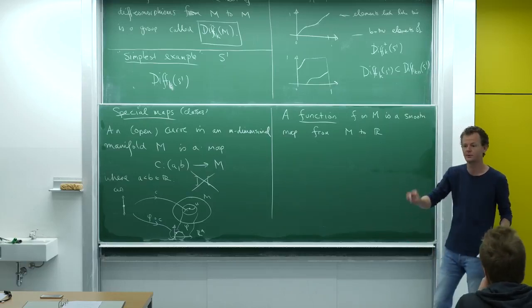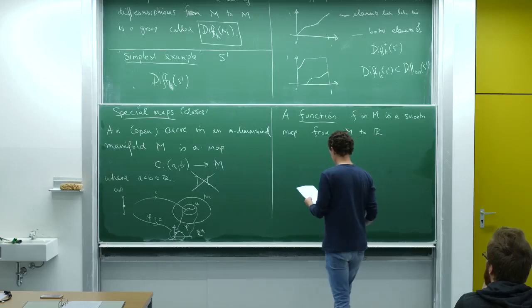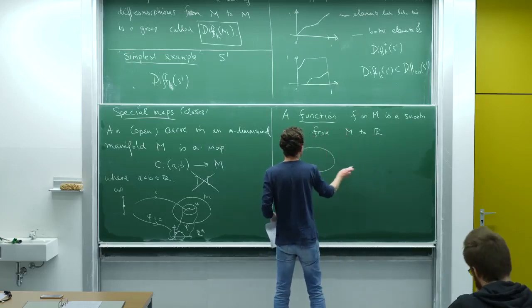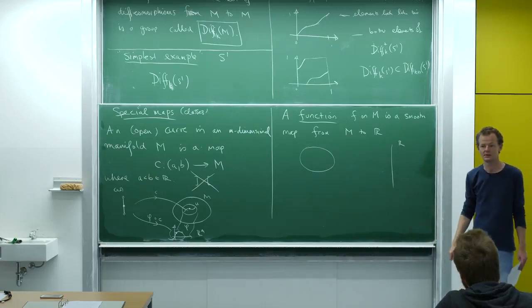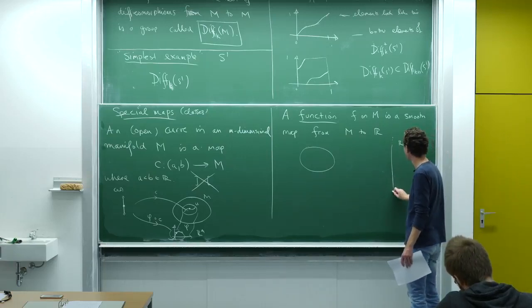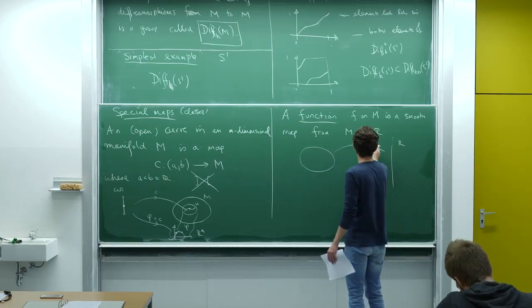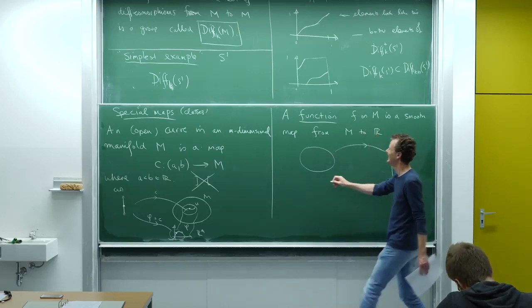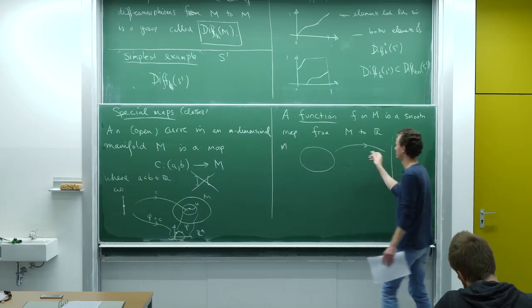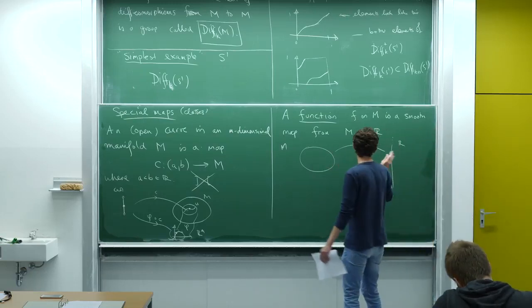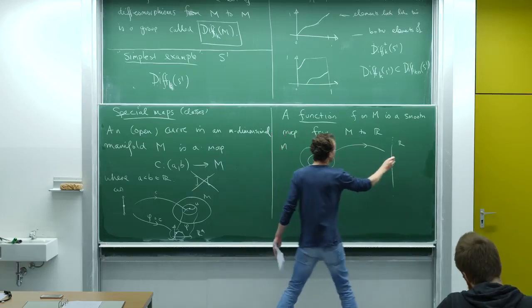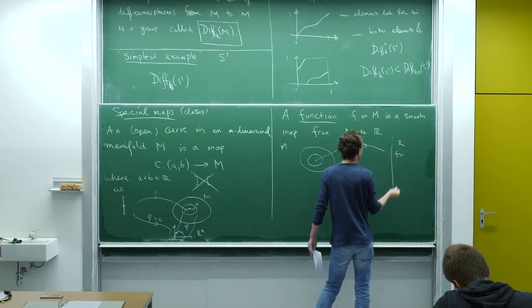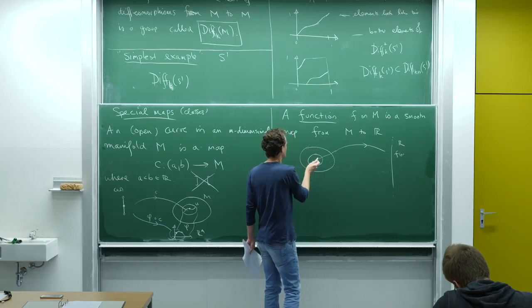It just gives you a real number for every point on the manifold. Here, the appropriate picture is a little different. Here's R. We know how to draw that; it goes off to infinity. A function from M to R is some map from our manifold to R. So again, some point P gets mapped to some F of P. And we take some chart to understand this.